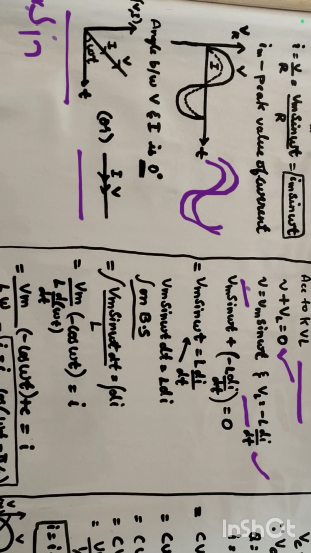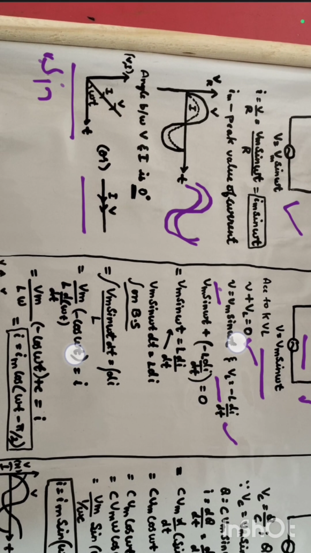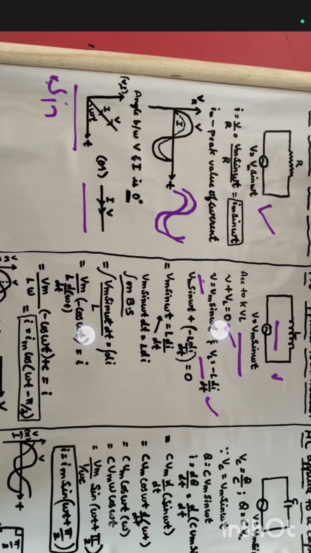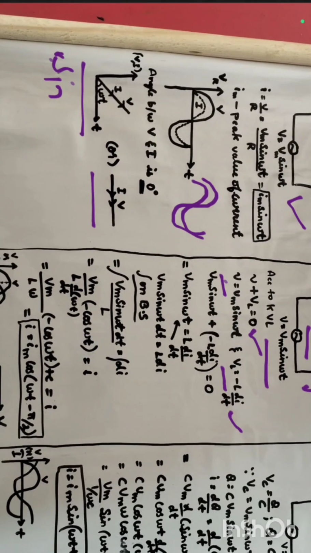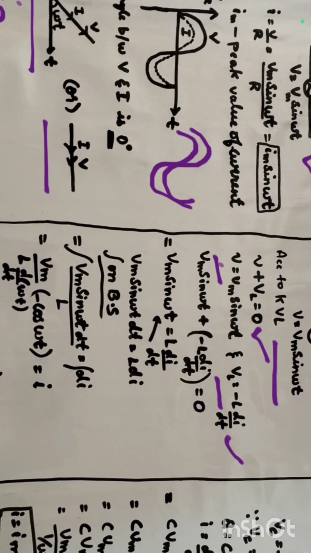Here, for AC applied to an inductor, we use Kirchhoff's voltage law. In this particular derivation, we integrate the given equation. Before, we just substituted; here it's about integration. So Vm sin omega t dt is equal to L di.